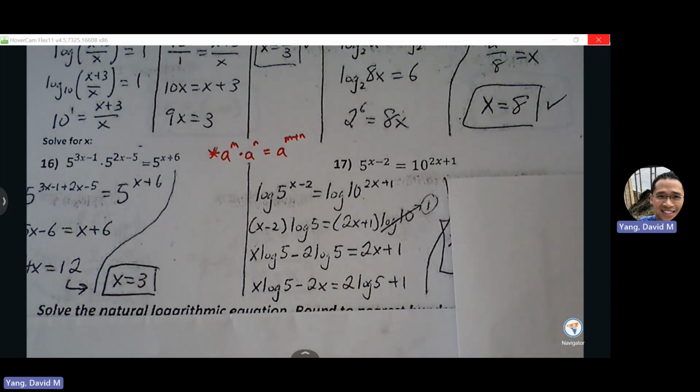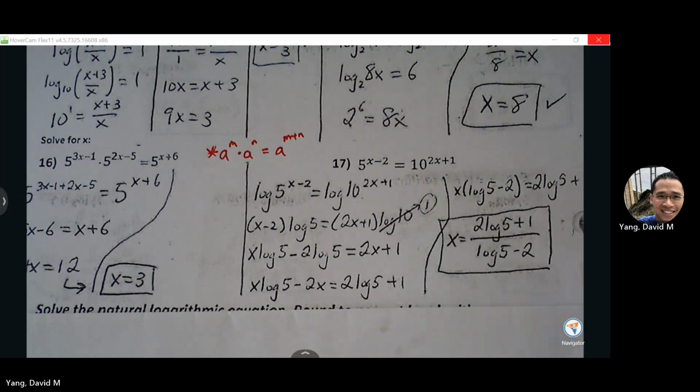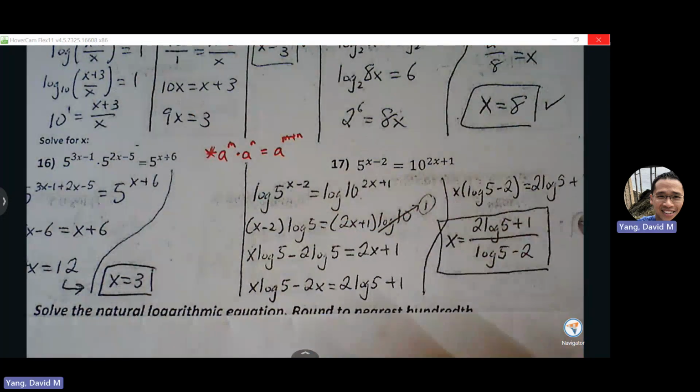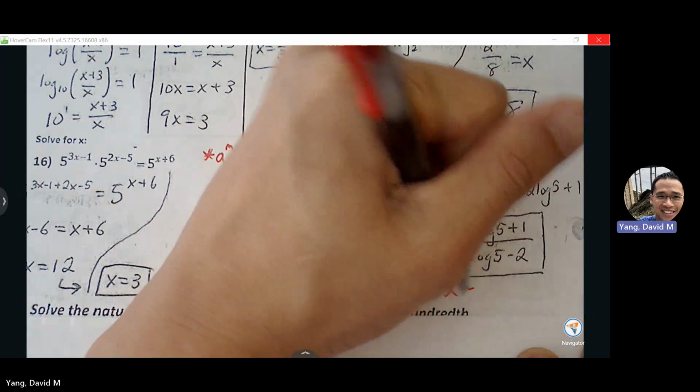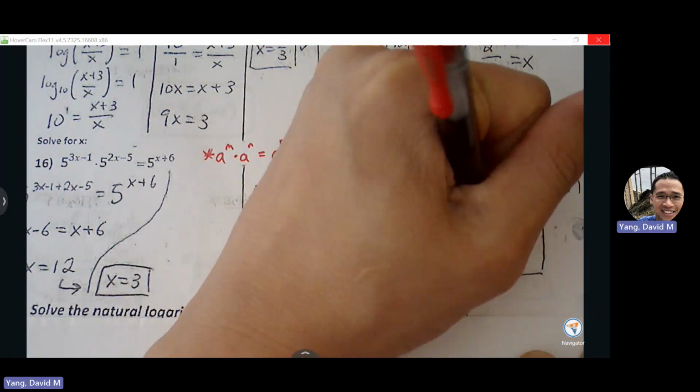It makes it a little bit cleaner and faster to get x by itself. You can leave it like that, or you can write it as a decimal value.